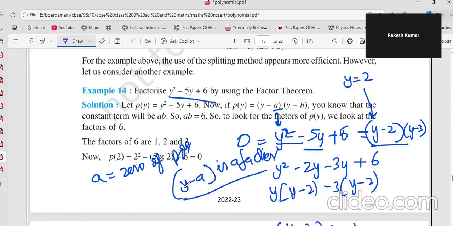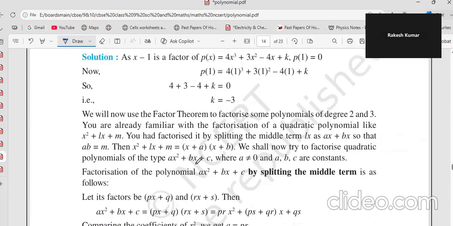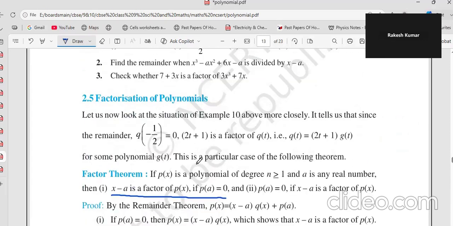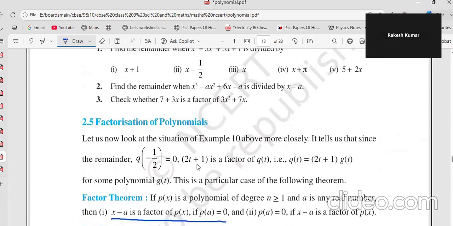That's what he's saying here. He's saying that in the factor theorem, if p(a) is 0, that means if I plug in a and I get 0, then a is a 0, so x minus a is a factor.